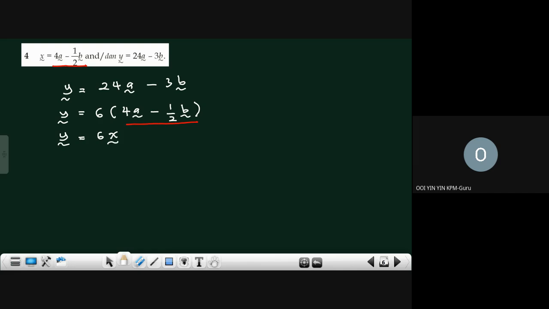This is how you represent it, and don't forget to write down x and y. You can write like this, which means they are parallel. Okay, done. So can you understand how to use the properties of parallel here?